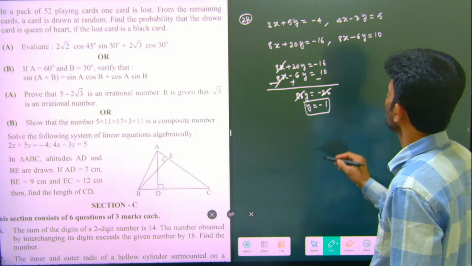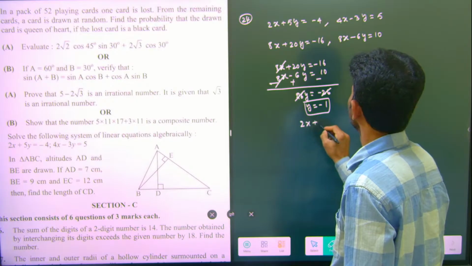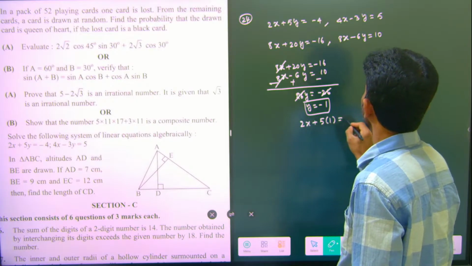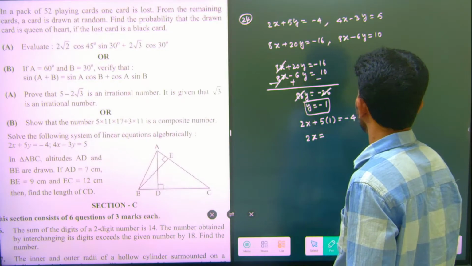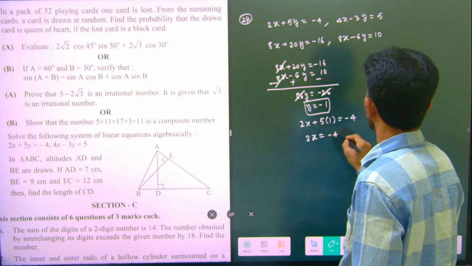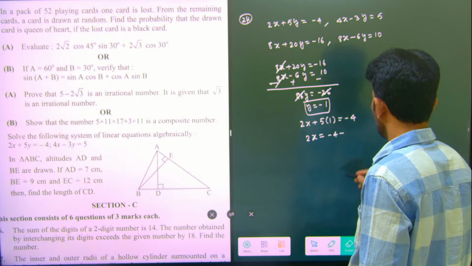Now substitute y in 2x plus 5y is equal to minus 4. Oh, it is minus 5, no?